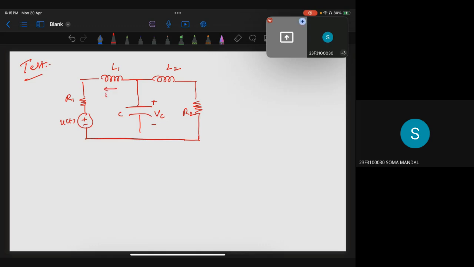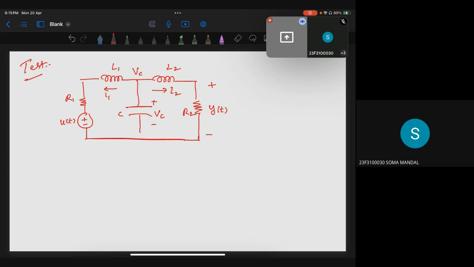This current is I1, this current is I2, this is VC, and let's say the output is y(t).